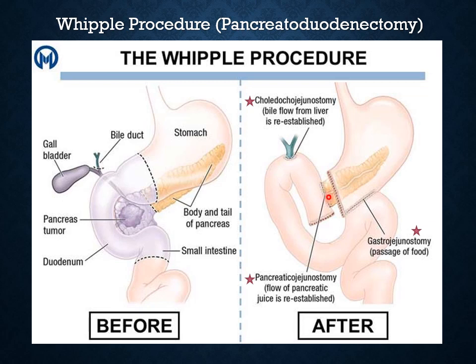Second, pancreaticojejunostomy: the resected part of the pancreas anastomosed with the side of the jejunum. And the third is gastrojejunostomy: the stomach is anastomosed to the jejunum. So the jejunum is involved in a triple bypass with the common hepatic duct, the pancreas and the stomach.